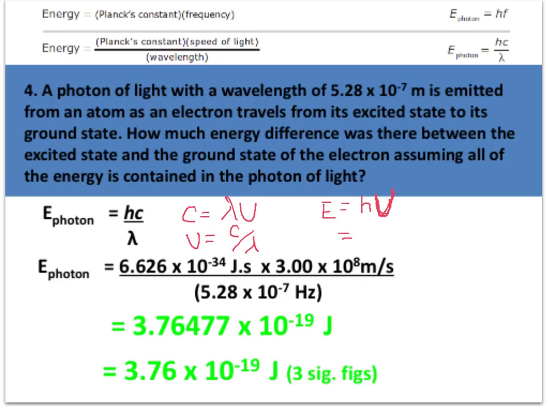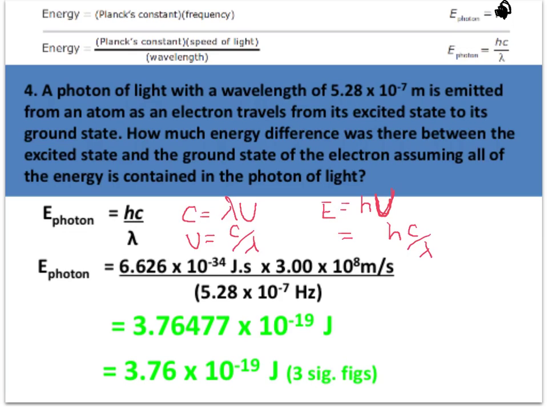So now E will be equal to hc over lambda, which is this equation here. So Planck's constant times the speed of light divided by wavelength can give us energy, and we're not going to pay attention to this part because we don't use f for frequency.